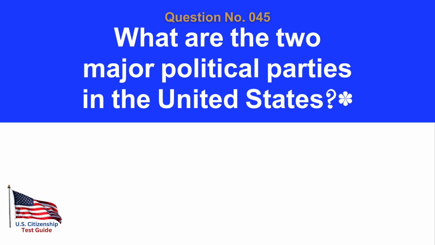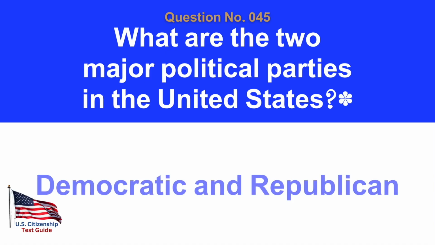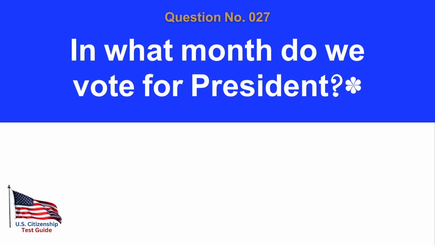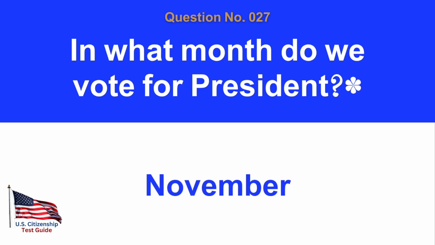What are the two major political parties in the United States? Democratic and Republican. In what month do we vote for president? November.